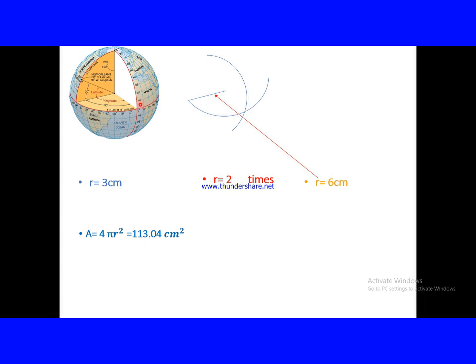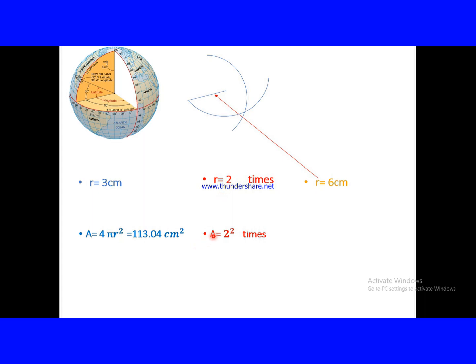What would be the change in surface area? The equation for the surface area of a globe is 4 pi r squared. So it is 113.04 square centimeters for the smaller globe, and it is changed 2 to the power 2 times because the radius is enlarged 2 times.